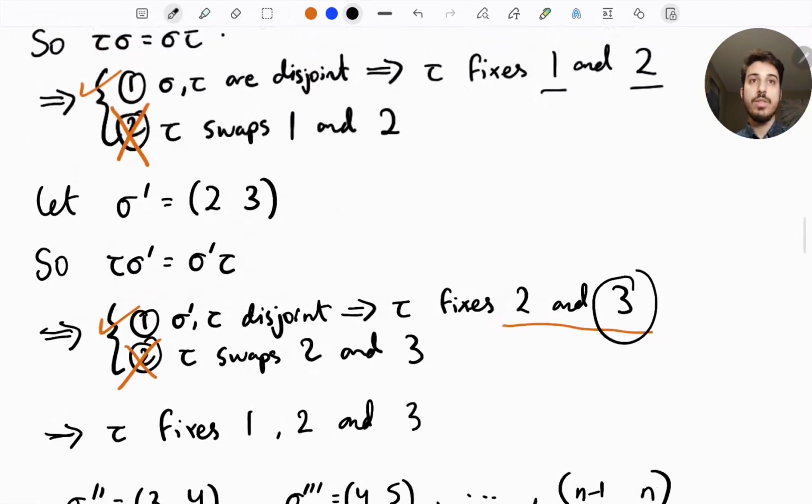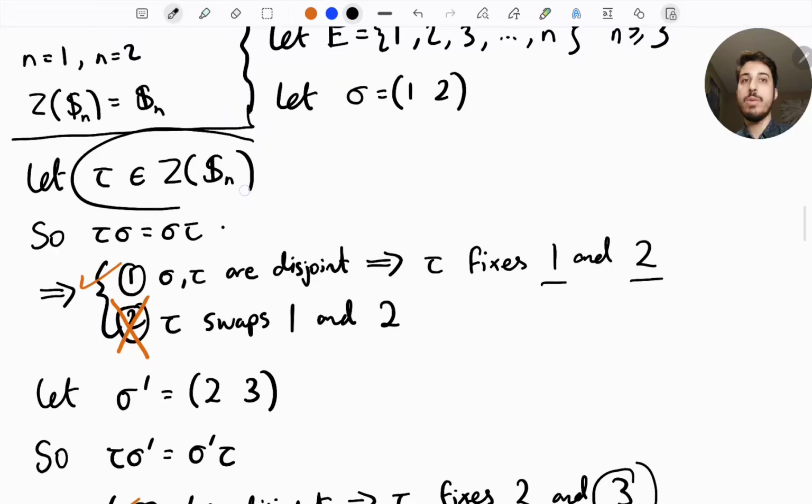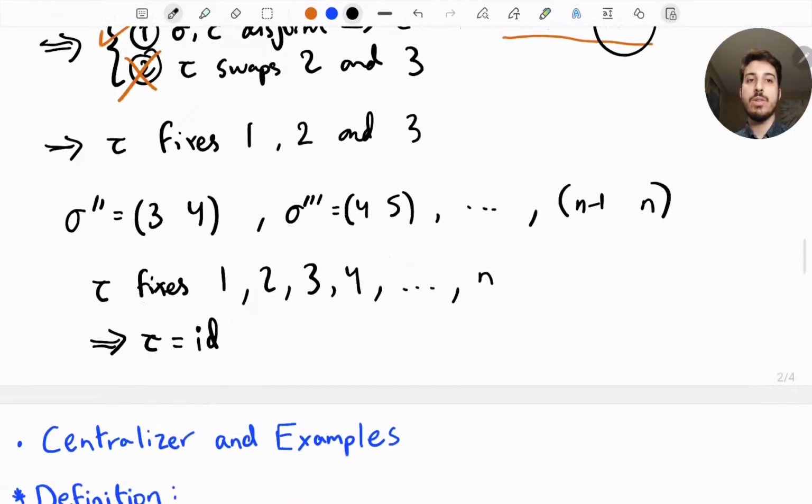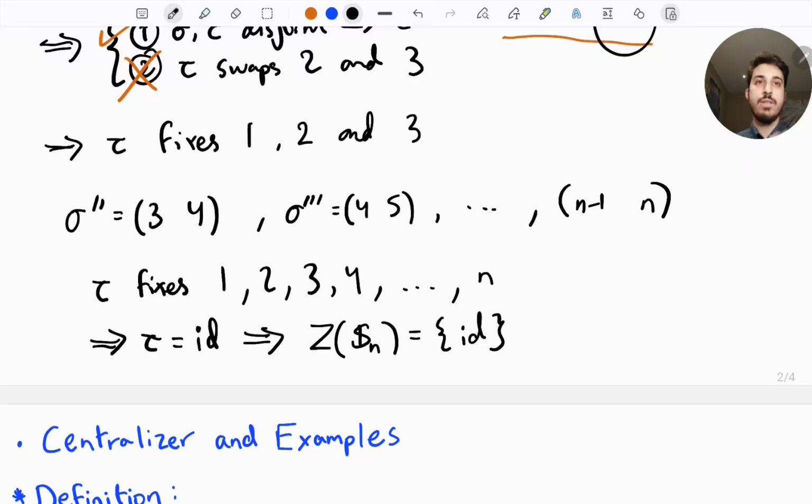So, just by assuming that tau is an element in the center of Sn, we have arrived at the conclusion that tau must be the identity permutation, therefore concluding that the center of Sn is exactly equal to the set containing just the identity permutation.